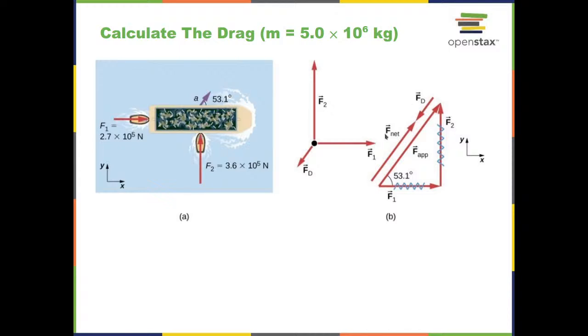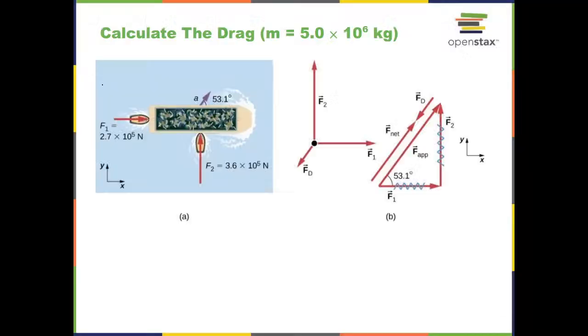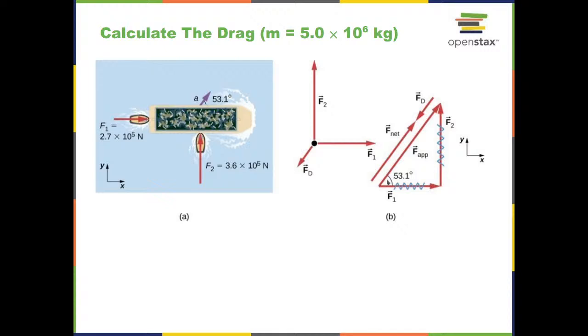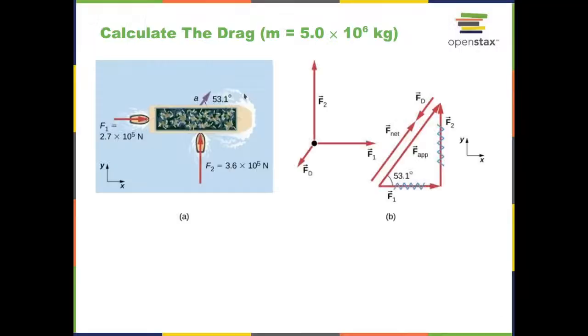And since this all is in one line, we can actually write this down even more easily. We will have the total force F1 plus F2, let's call this force F. That force F is going to be this total applied force, called F applied in the drawing. So that's the applied force.